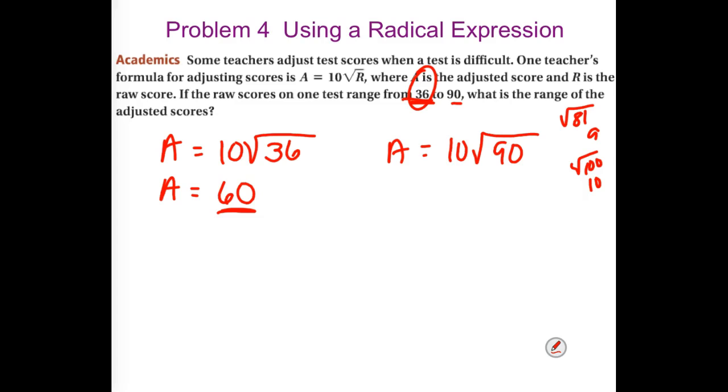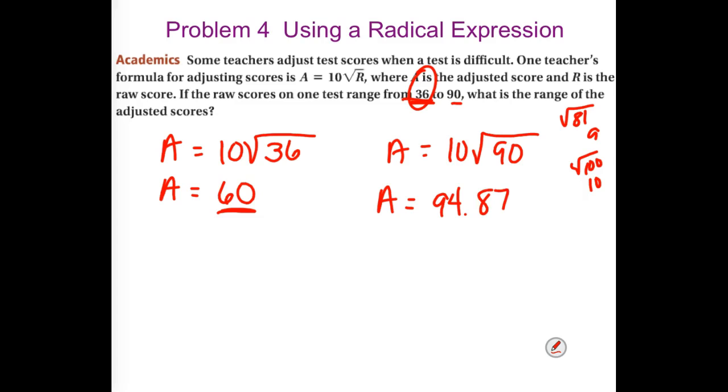All right. Go ahead and grab your calculators. Take 10 times the square root of 90. What do we end up with? 94.87.